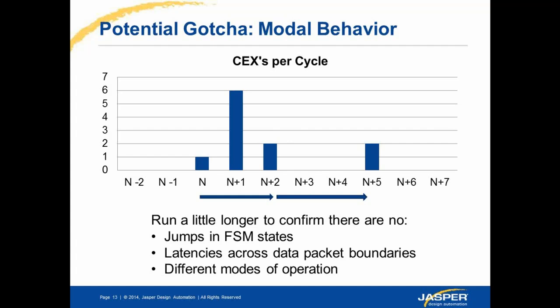So Jasper's unique bounded proof coverage metric analyzes your RTL, takes all these into factor, and gives you the deepest cover point in your RTL which impacts that assertion.